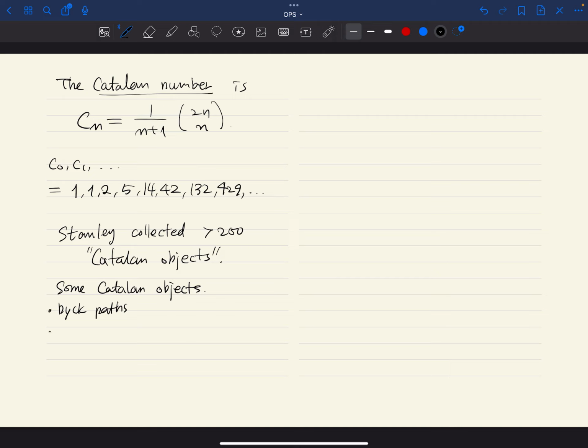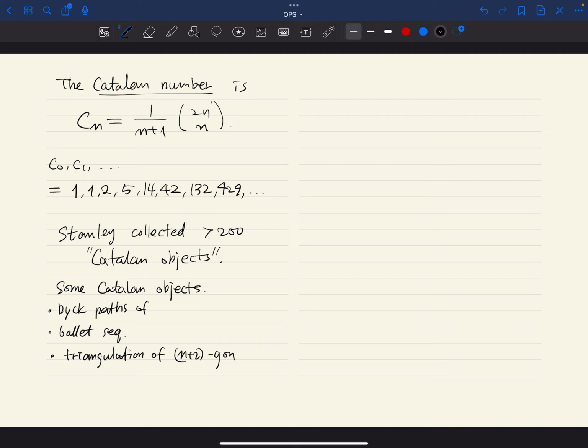Some of them are almost the same: ballot sequence and diagonalization, triangulation of an n plus 2 gon.